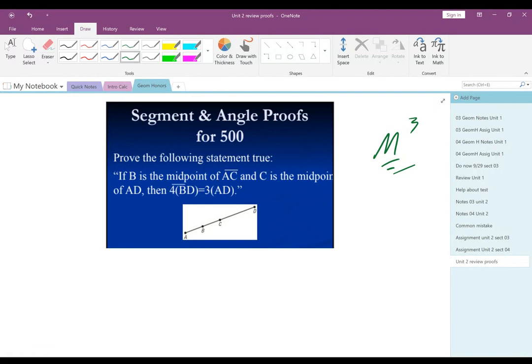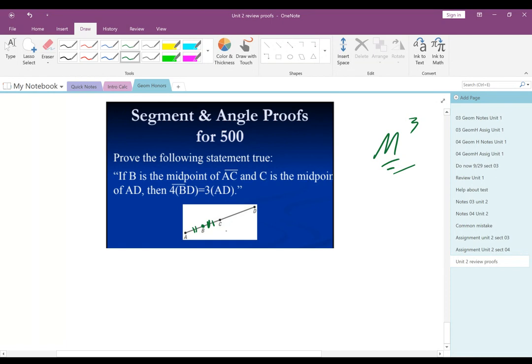Now, this one is quite a complicated question. In one of the classes, I did get through this, but I just want to break this down a little bit better. We are given that B is the midpoint of AC, so at some point we're going to be able to say that these two little pieces are congruent, right?